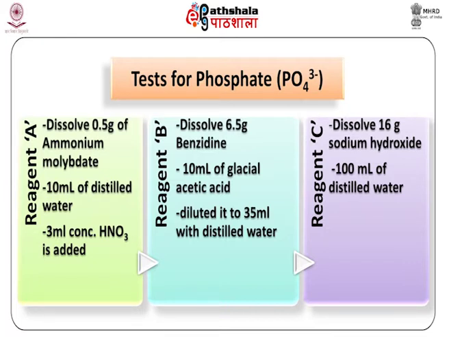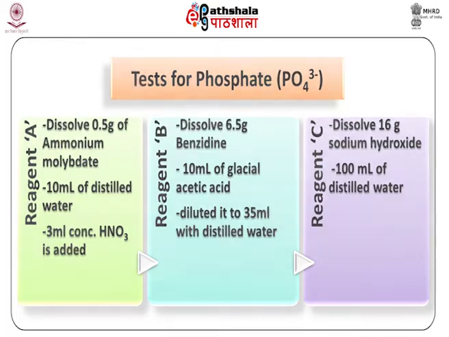Reagent B is prepared by dissolving 6.5 grams of benzidine in 10 ml of glacial acetic acid and diluting it to 35 milliliters with distilled water.